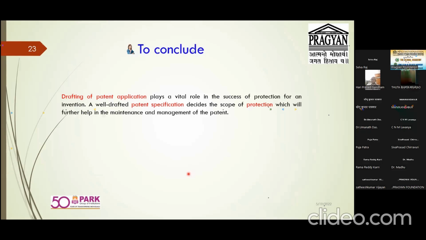First, start to think about a particular invention, particular process, or particular product. We can modify, no problem. There is a provision there. So these are my conclusions. After that, wait, I will show the patent publication and all.